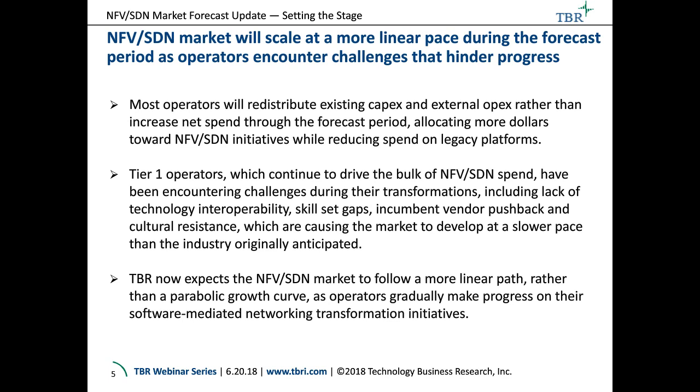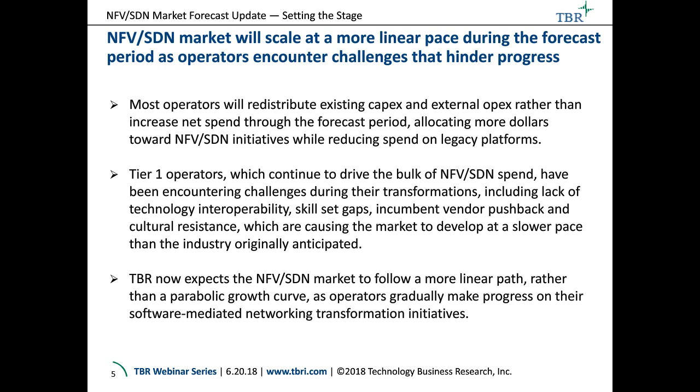The second big thing that we are seeing here is Tier 1 operators are driving the majority of the spend. And we're going to look at some of the data cuts to show the magnitude that is being spent by Tier 1s versus the Tier 2 and 3 operators. However, the operators are encountering challenges with these transformations, right? These are fundamental changes to the architecture of their networks. It's a paradigm shift.